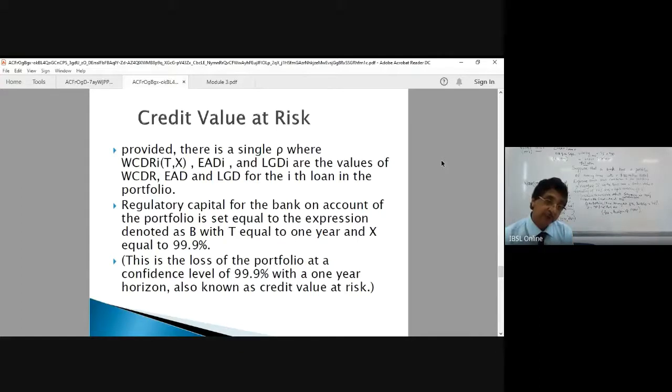Now I am just asking you, if you are looking at a credit portfolio of a bank, what are the types of concern you have? You have to be mindful about the indicative type of correlations between these loans. That is one part.